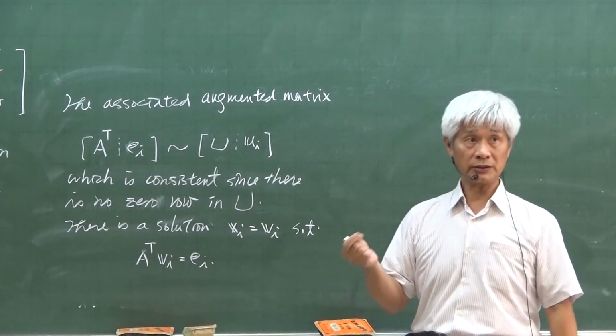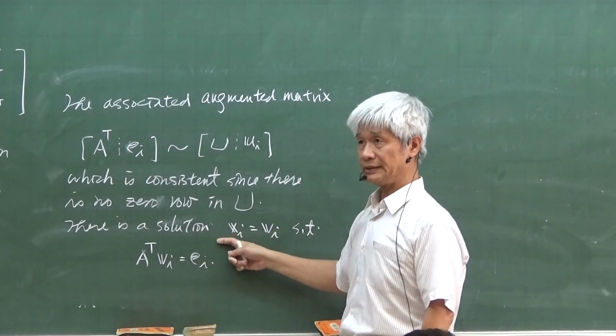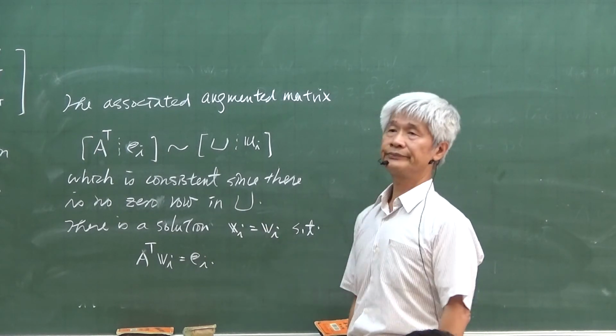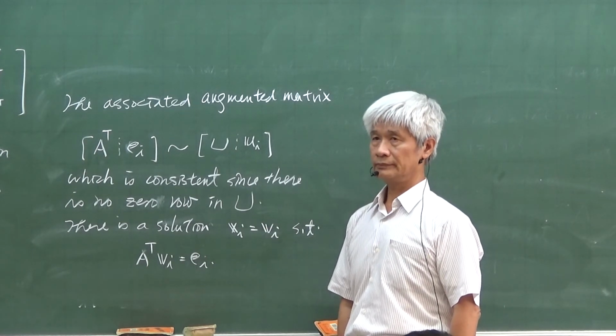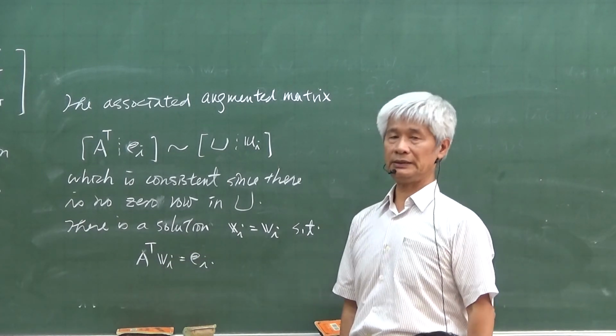Because it's consistent, the existence of a solution is justified. So we have a solution vi, and now we have found the vi already.